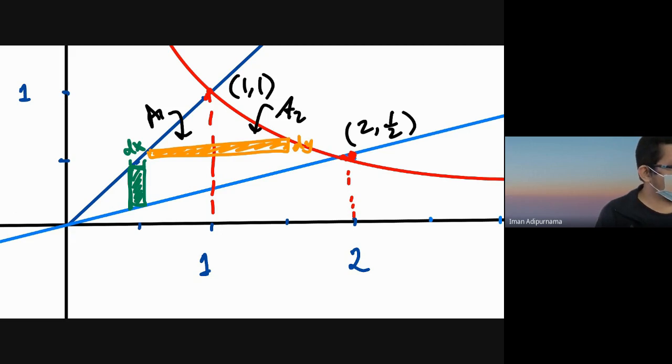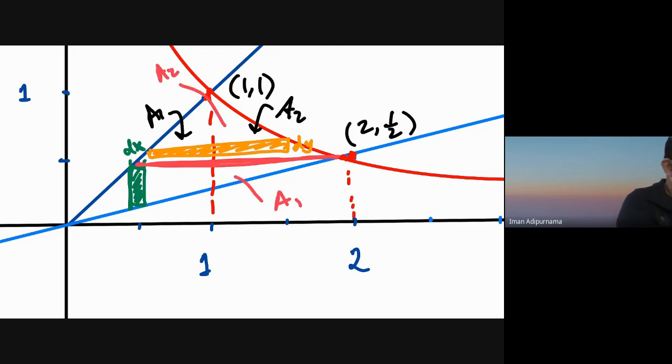If you carefully look at how the area will be, notice that we will have two parts here. This will be A1 and this will be A2. I hope you don't get confused by my picture. The pink color is the area, two areas with our rectangle dy. So it becomes two areas, the top one here and the bottom one here.